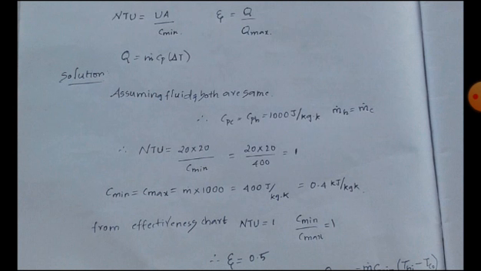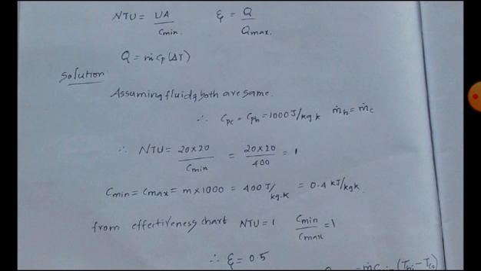Here C min is the heat capacity rate, that is m dot into C p. We have to find the heat capacity rate for both hot fluid and cold fluid, and from these we choose the minimum value. Here it is no problem, since for both fluids it will be the same value, hence I have taken it as 400 joule per kg Kelvin. If I substitute this in the NTU formula, we get NTU as 1.